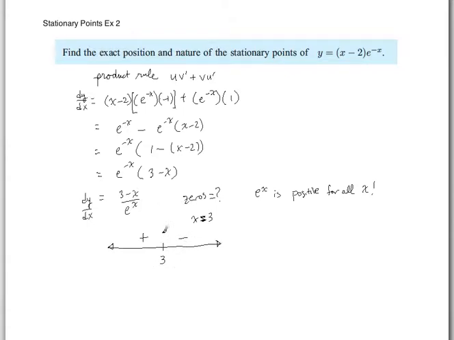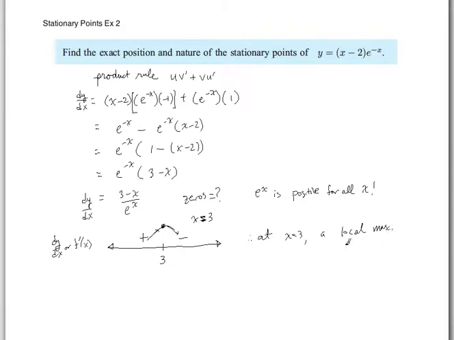Remember this is the sign diagram of dy dx, or f prime of x, not this actual function. So we would expect to see that at this critical point, it would be increasing and then it would be decreasing. So we would expect it to look like a local maximum. Okay, so you could say at x equals 3, we would have a local maximum.